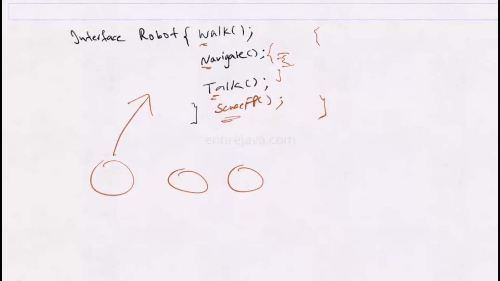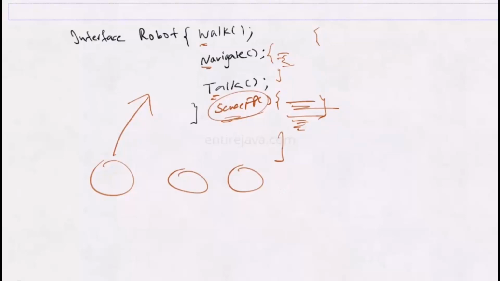For example, in this case, we have introduced this new method, which is sense fingerprint. So I'll simply get rid of this semicolon, put a curly brace and provide some instructions to do something with the fingerprint sensor technology.